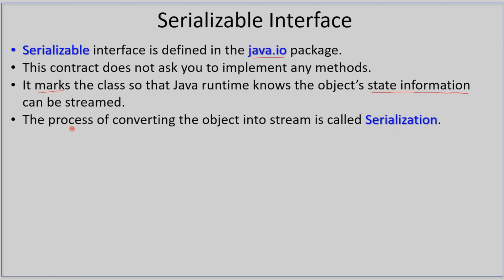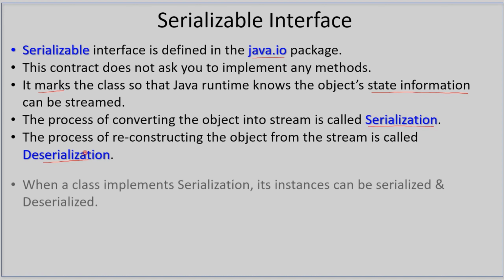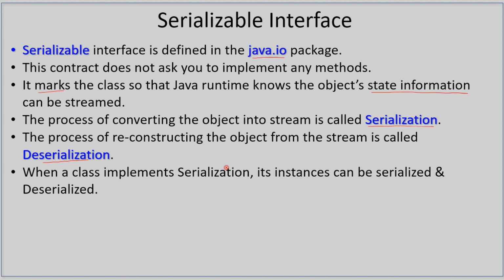The process of converting the object into a stream is called serialization. This we already saw in the very first video. And the process of reconstructing the stream into an object is called deserialization. When a class implements Serializable, its instances can be serialized and deserialized.